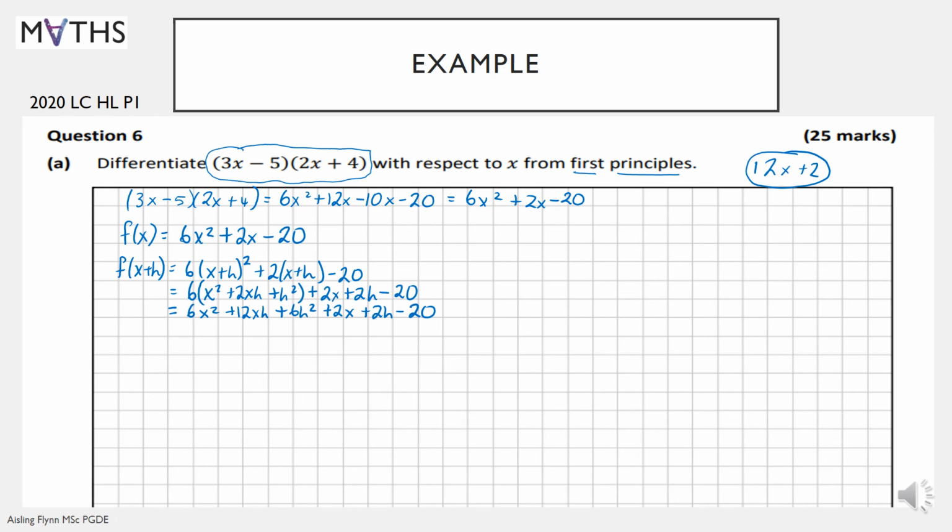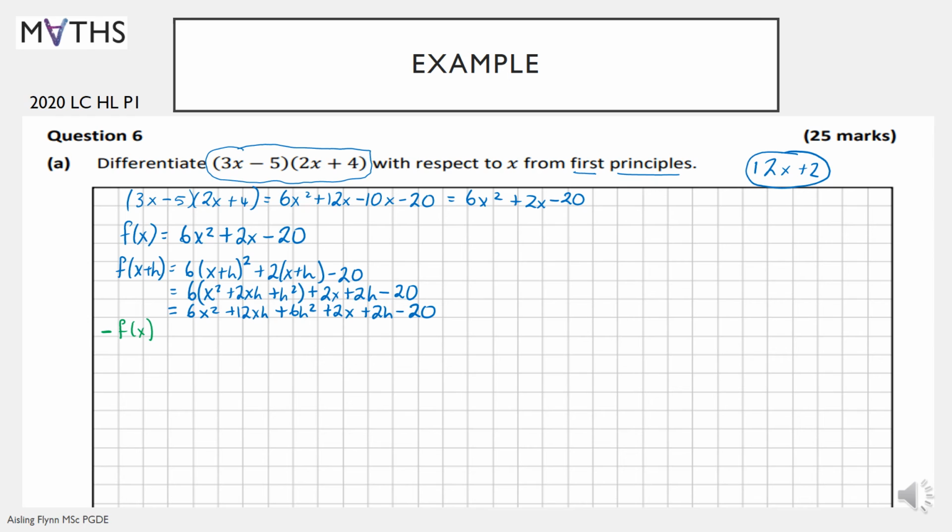Now the third step asks us to find the vertical difference, or delta y, f of x plus h minus f of x. So that's what we're going to do now. I'm just going to use a different color to illustrate. From f of x plus h, I'm going to subtract f of x.